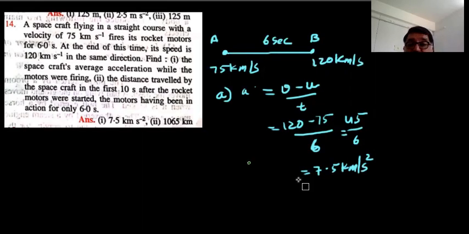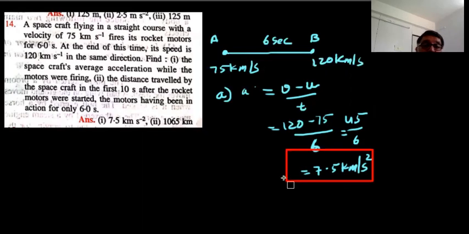So this is the acceleration for the 6 second period where the motors were fired.